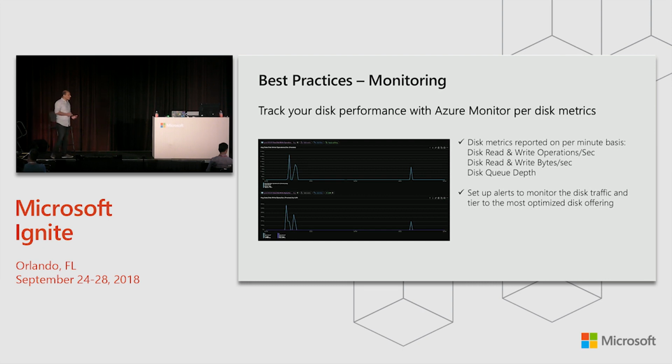So it's important to keep an eye on how it's trending. The good news is that we've recently added per disk metrics for your managed disks. You can also set up alerts for those metrics, alerts for your stats, and take action when things are approaching some limits. We have more demo on that, and I will ask Yumin to come over here and talk about that.